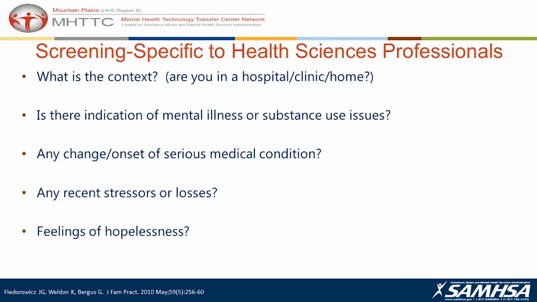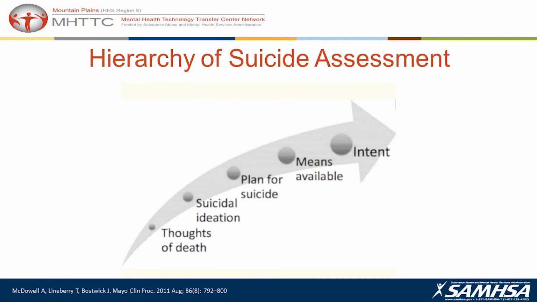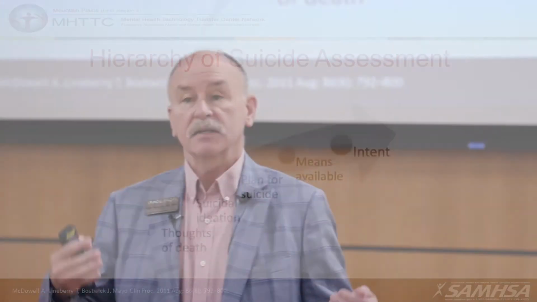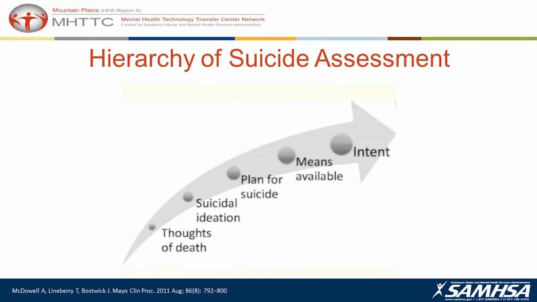Hopelessness is one of those traits that you want to ask about. And then, are they actually having thoughts? So here's the hierarchy. As we think about suicide risk, are you having thoughts about death? And for the most part, everybody at some point in their life has some sort of existential thought about being here, not being here. But then it goes up to suicidal ideation.